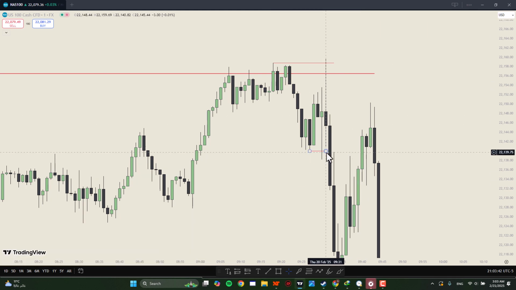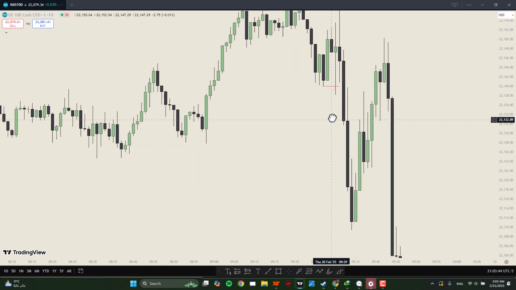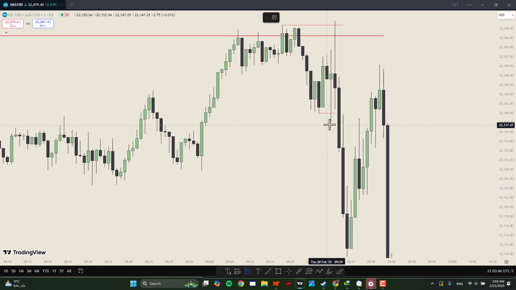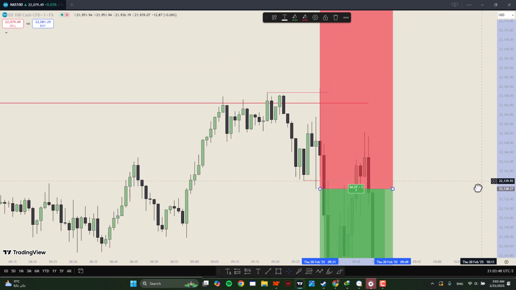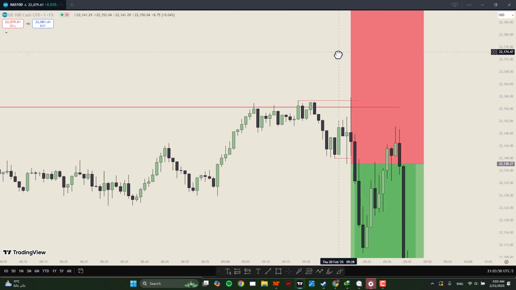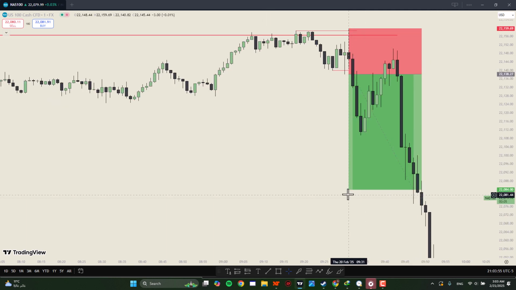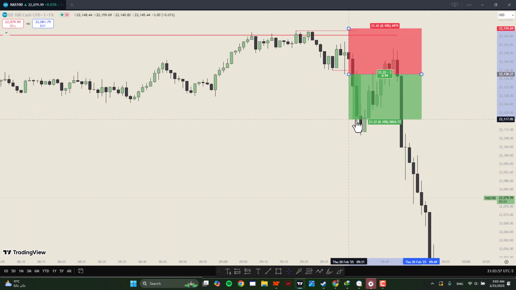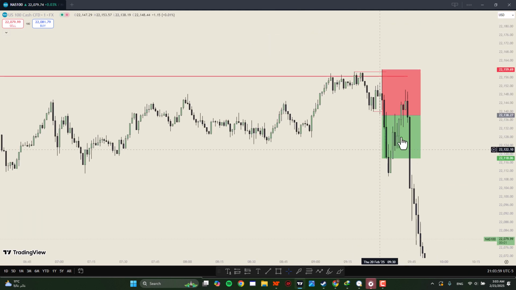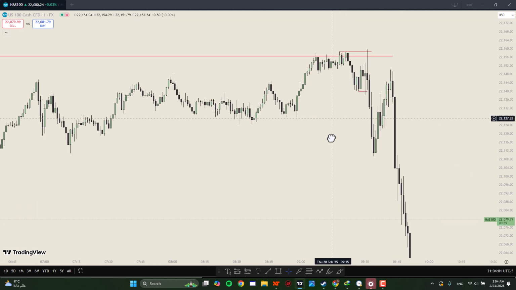If it did, there's a good chance that we're going to trade even lower. So I put it here. Stop loss here, and you take whatever you want, right? So that's the logic of the two trades.